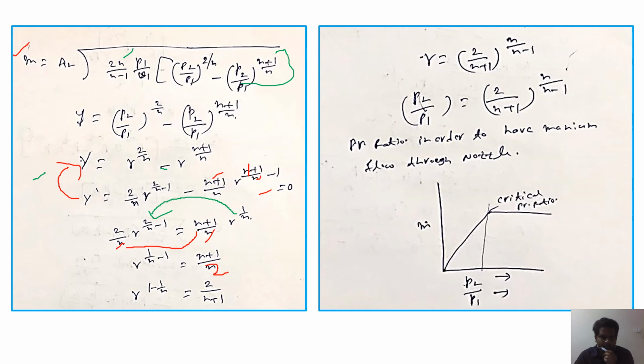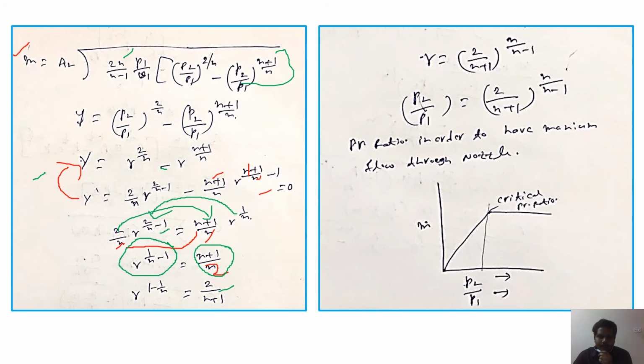So r power 2 by n minus 1 by n is r power 1 by n. The remaining is minus 1. So r power 1 by n minus 1 equals (n plus 1) by 2, because the 2 came to this side. Now again, we can write this as r power 1 minus 1 by n, and this term will be reversed: 2 by n plus 1.